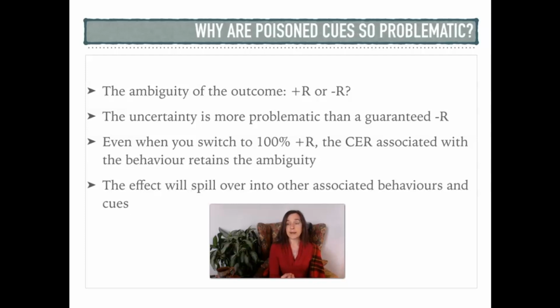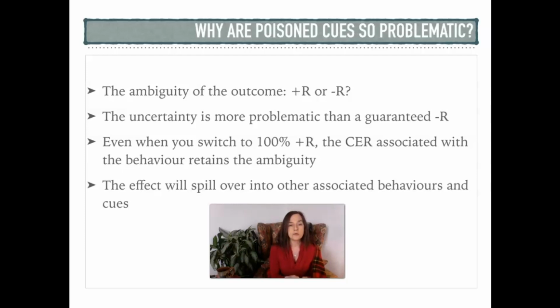They can recognize that, yes, I can do this thing and earn something nice, or yes, I can do this thing and avoid something unpleasant. So when you're using a very obvious positive reinforcer or negative reinforcer, it's very clear to the dog what the outcome is going to be. And that gives them a certain level of certainty and confidence.